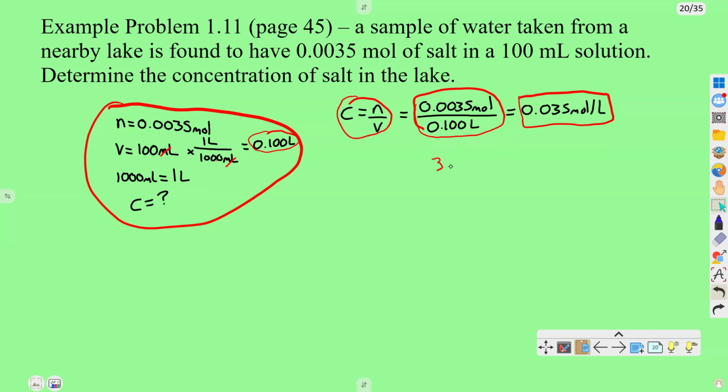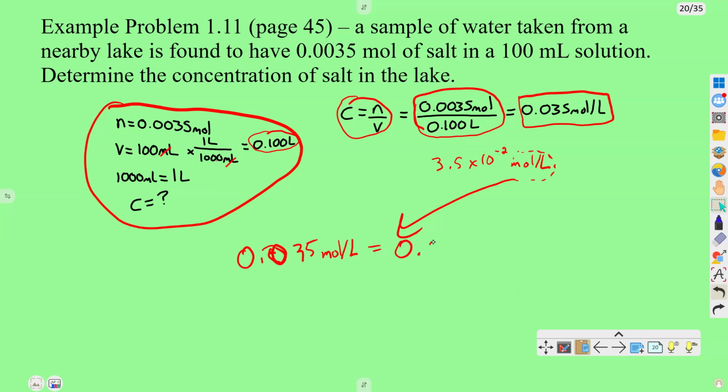Now, if you leave it like that, I'm going to be fine. But you may also want to put it into scientific notation. That's fine too. I always want you to put your units in moles per liter, but sometimes you may see a measurement like 0.035 moles per liter abbreviated.